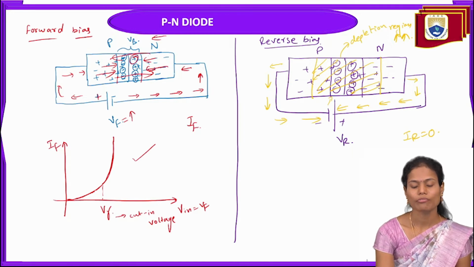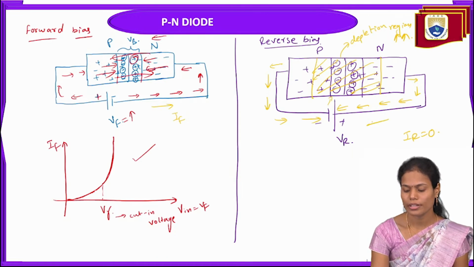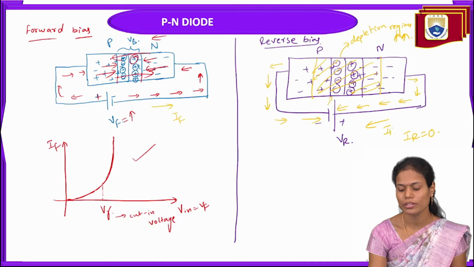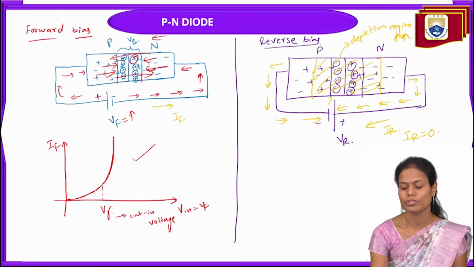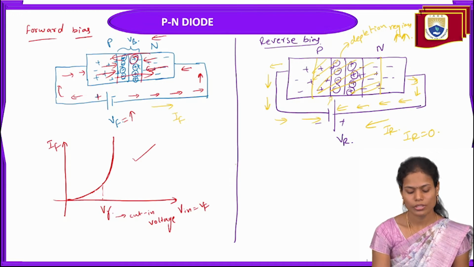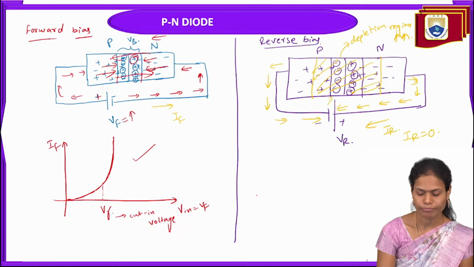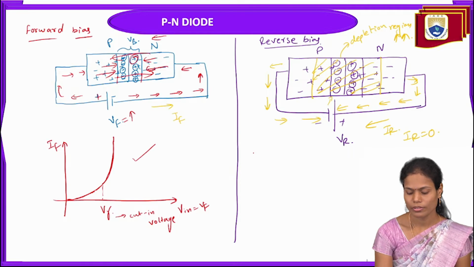The electron flow is towards the junction, so the current direction is from N to P, that is the reverse current direction, which is opposite to the electron flow here. So in this reverse bias condition, we will draw like this.